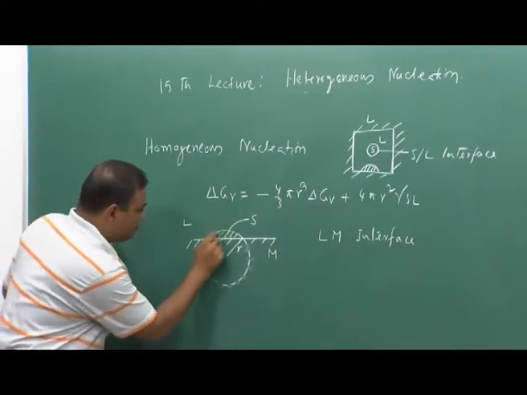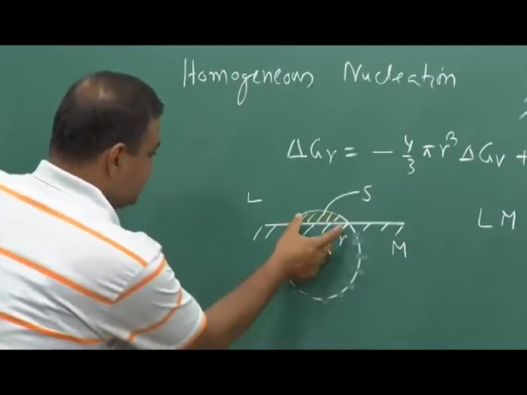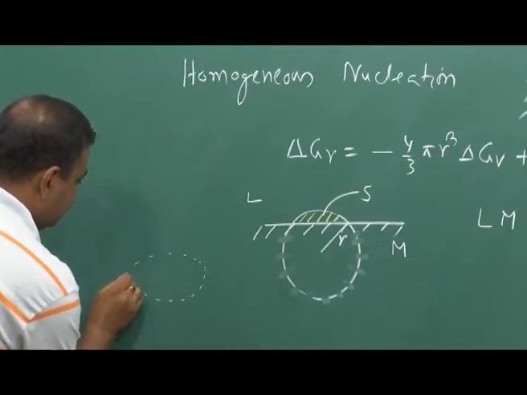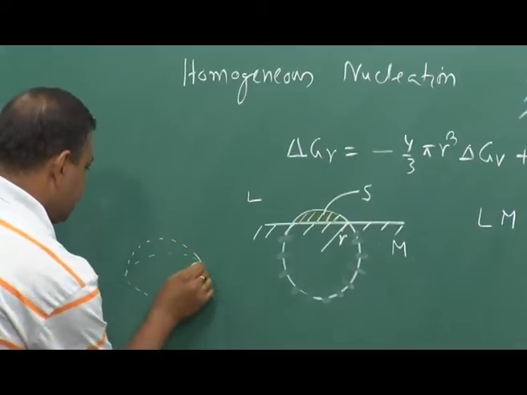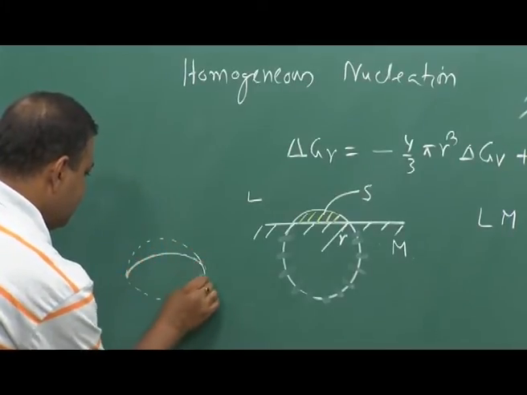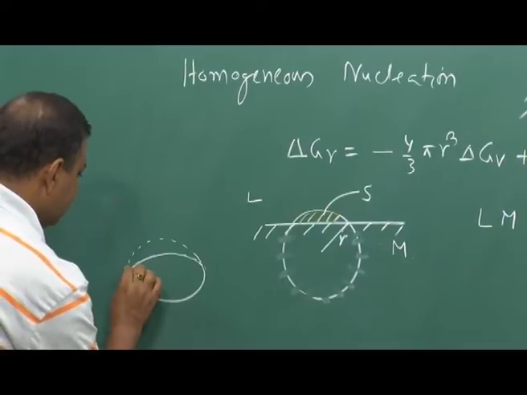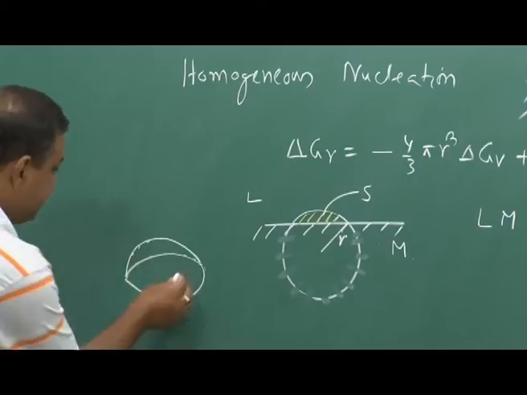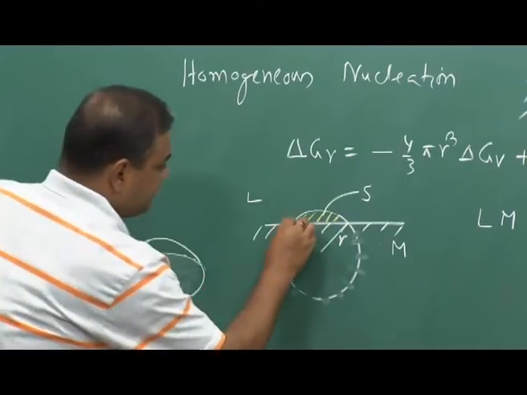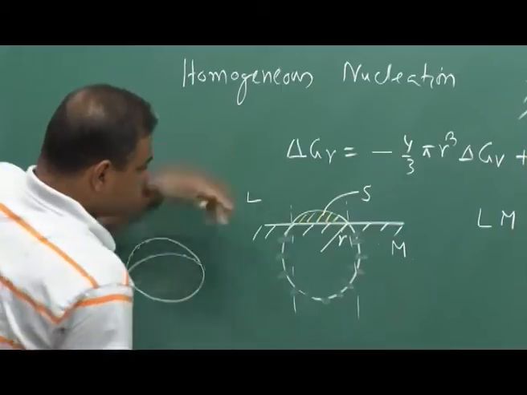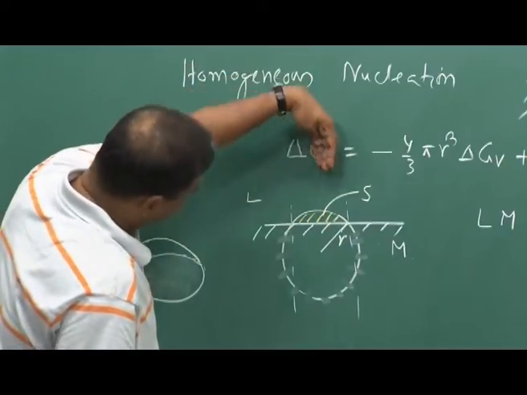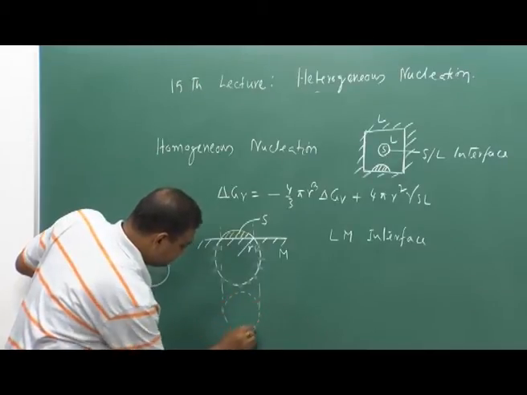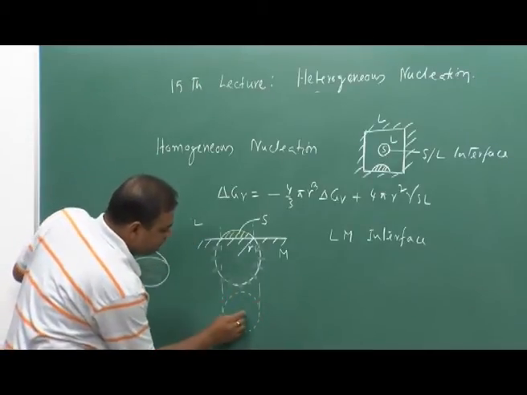Now, whenever this solid is forming on top of this, if we try to see it in 3 dimensions, it can look like this. If I look at a projection from the top, it will form a circle of some radius.